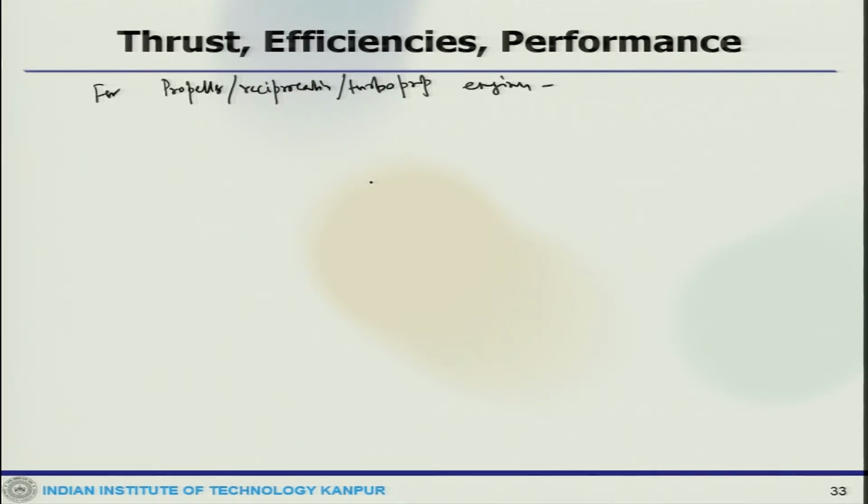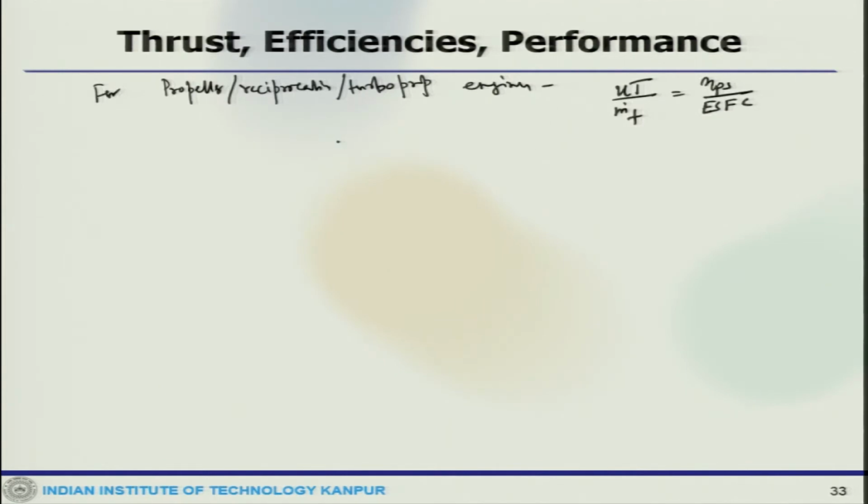What we can write there is that U T by m dot f would be eta PR by the effective specific fuel consumption.